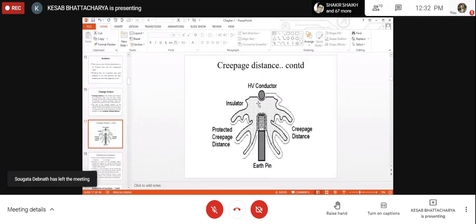That is, the body of the insulating material is made up of porcelain, inside which there is a groove and thread, and the metallic pin also has thread on its outer surface, through which it is screwed inside the body of the insulator. The other end of the metallic pin is placed on the tower cross arm, and there is a groove at the top.